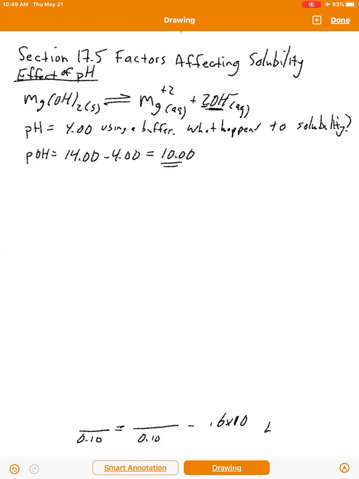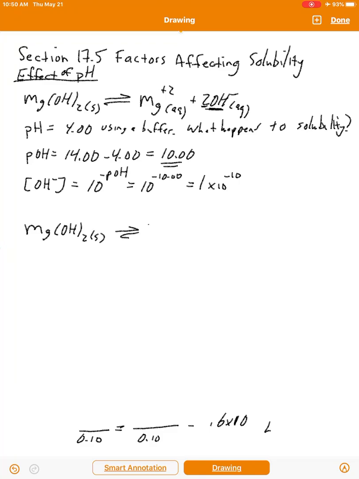So there's your pOH, 10.0, which means the concentration of hydroxide would be 10 to the minus pOH, which would be 10 to the minus 10, which is 1 times 10 to the minus 10. Let's not worry about sig figs for right now. So that is the concentration of the hydroxide. So what I'm going to do is rewrite our expression here for equilibrium.